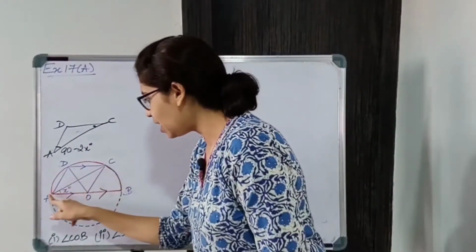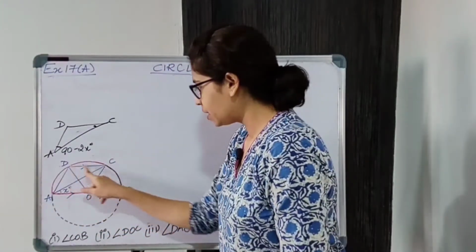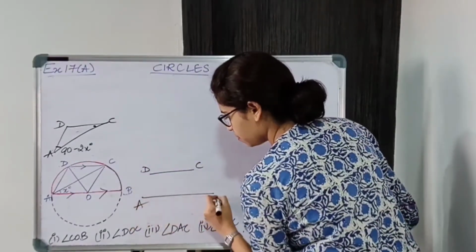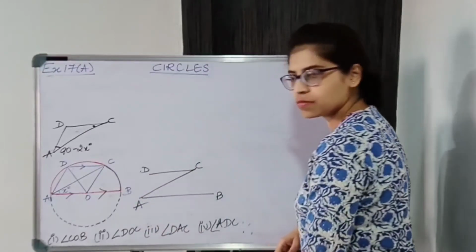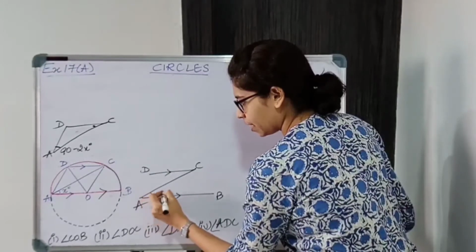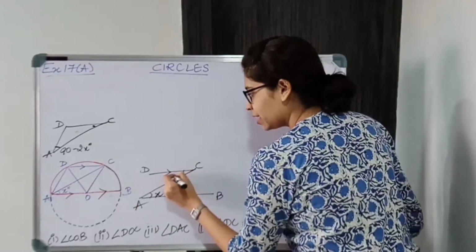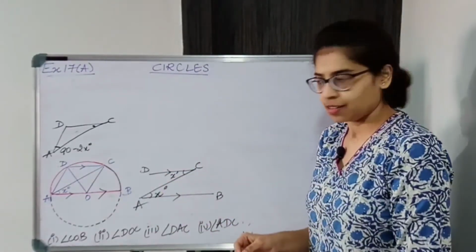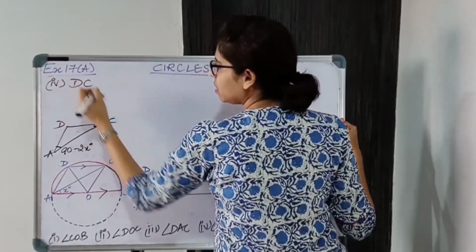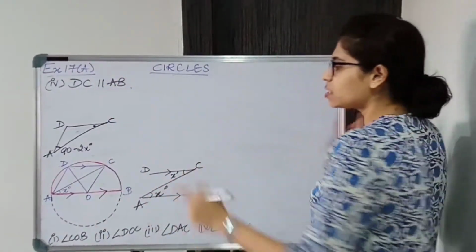Students, DCA is alternate angles with CAB. DC is parallel to AB. These two are parallel. This is the transversal. I know this is x, so this also will be x. These are alternate angles. Okay. So I can easily find angle DCA. So DC is parallel to AB with transversal CA.